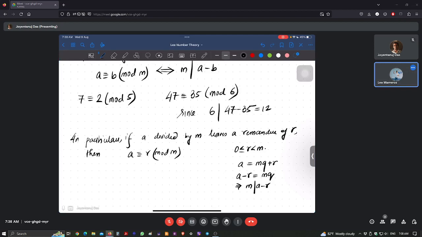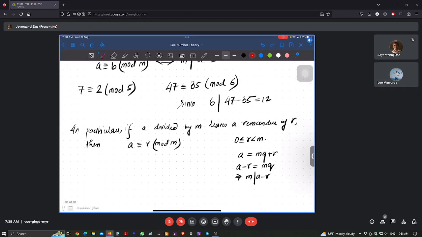So what are the possible remainders when you divide by M?